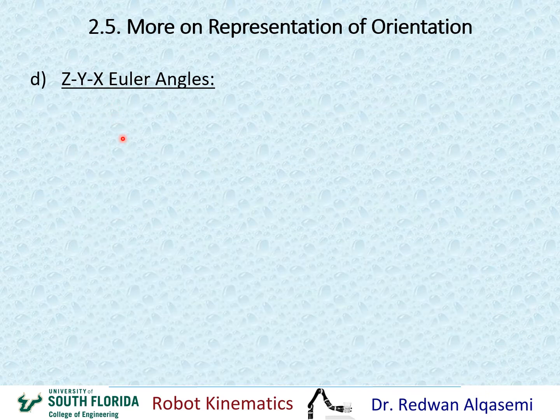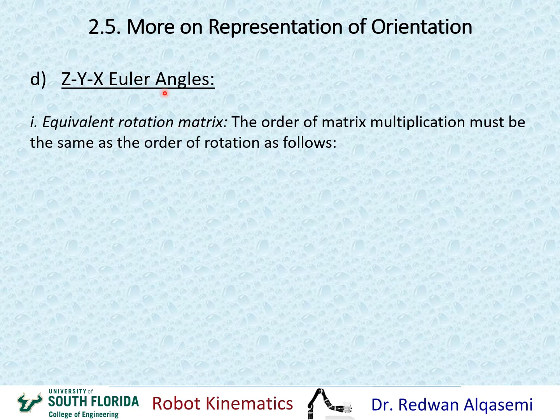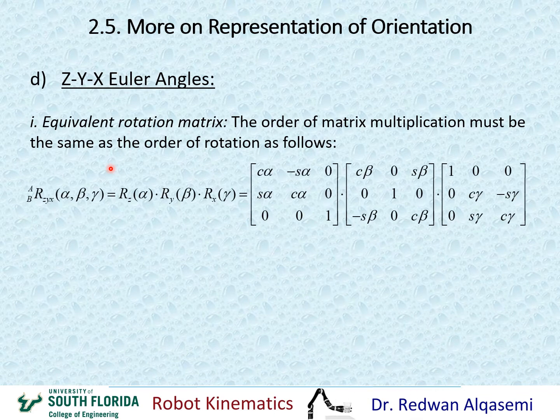Now let's find the equivalent rotation matrix for this Euler convention. The order of matrix multiplication must be the same as the order of rotation. If the rotation happens first about Z, then about Y, then about X, the corresponding rotation matrices are multiplied in the same order.